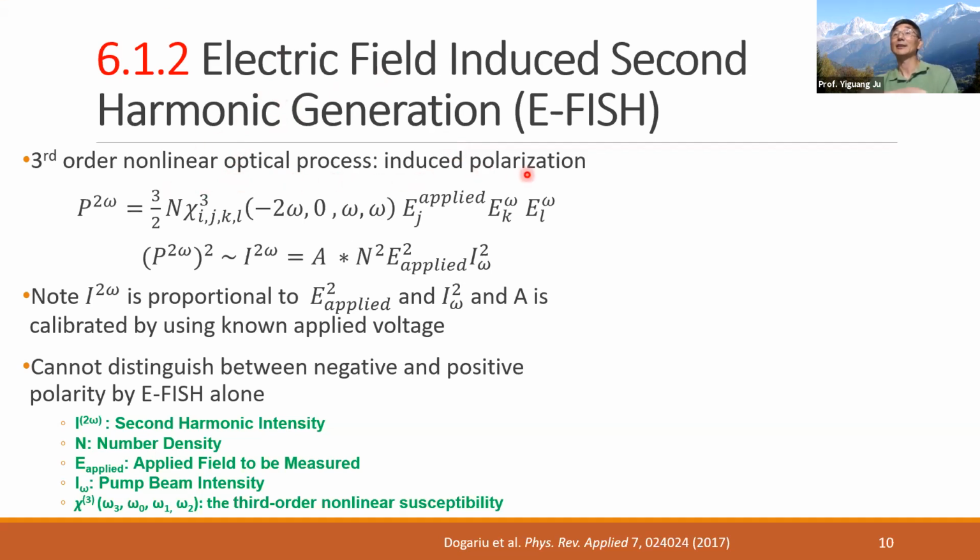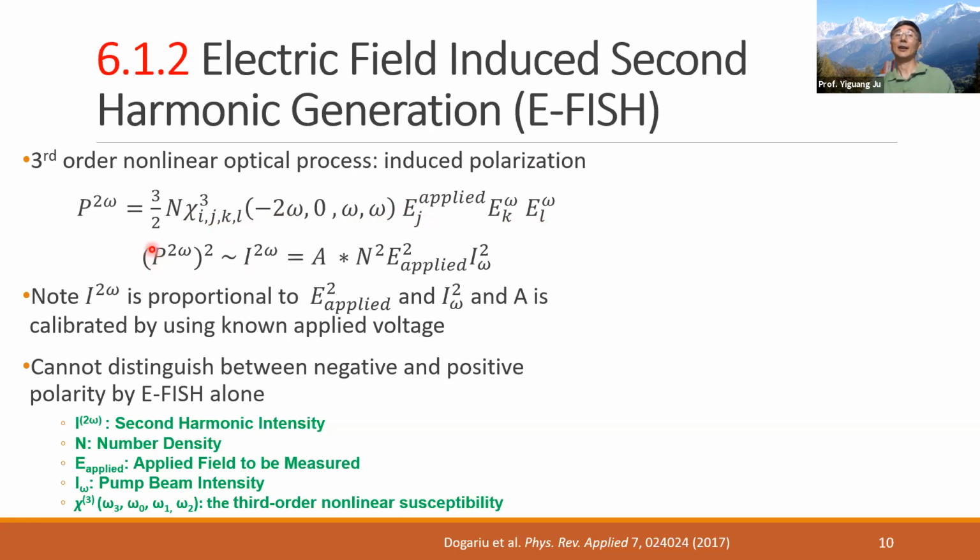The polarization induced by the high electric field for the second harmonic is proportional to the number density of the gas and the third order nonlinear susceptibility, with different polarizations i, j, k, l, the applied electric field, and then the polarized electric field of the molecules.